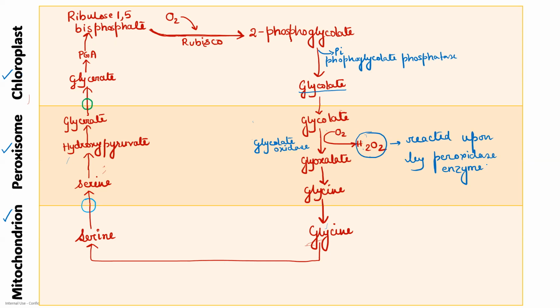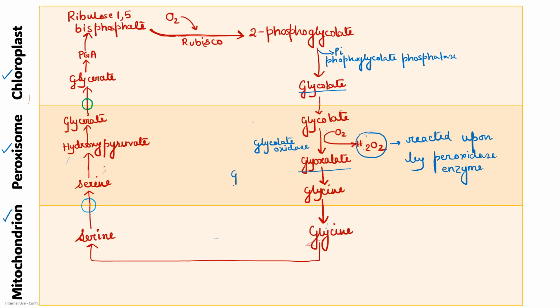Now, this glyoxylate then forms glycine with the help of the enzyme glutamate glyoxylate aminotransferase. What is the enzyme here?